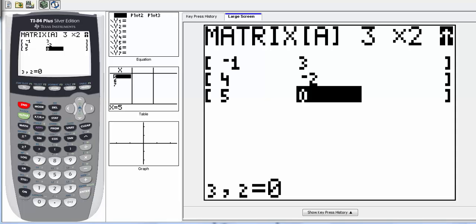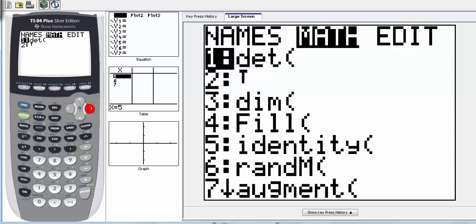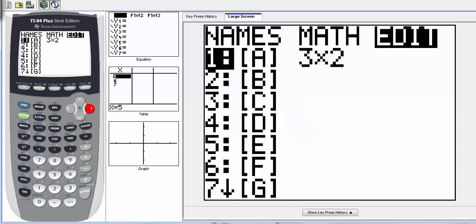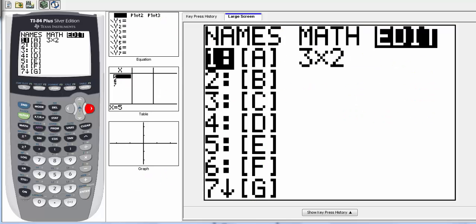And then I'm going to quit, second mode, and then I'm going to go back into the matrix. I'm going to scroll over to edit, and now we want to type in matrix B, which was the negative 3, 2, negative 4, 1. So this is going to be a 2 by 2 matrix.